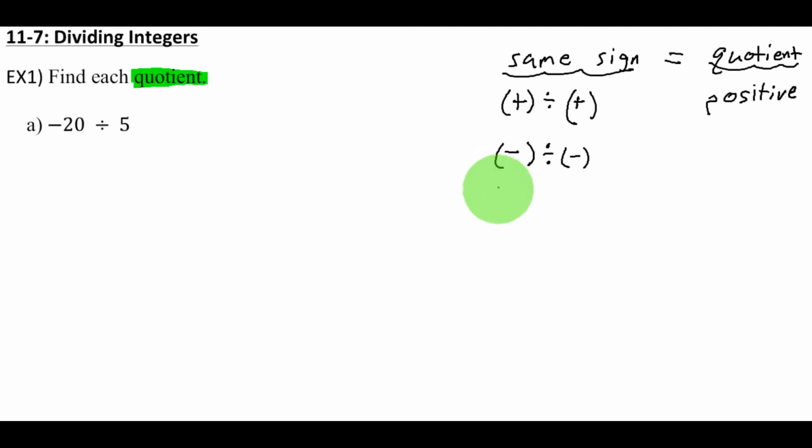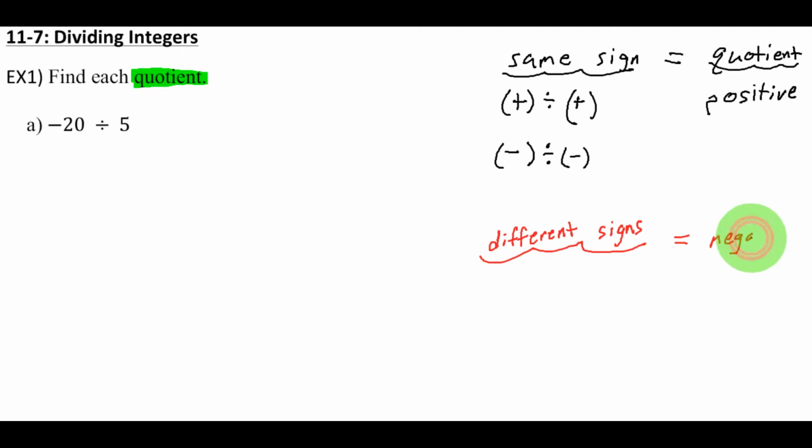Well, what happens if you have values that have unlike signs or different signs? If you have different signs or unlike signs in division, your quotient is not going to be positive, it's going to be negative. So different signs are equal to a negative quotient or a negative answer.